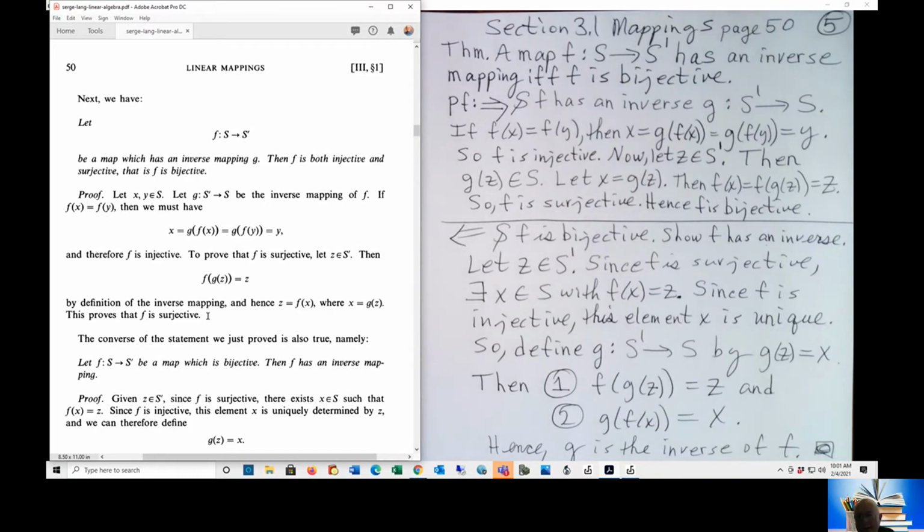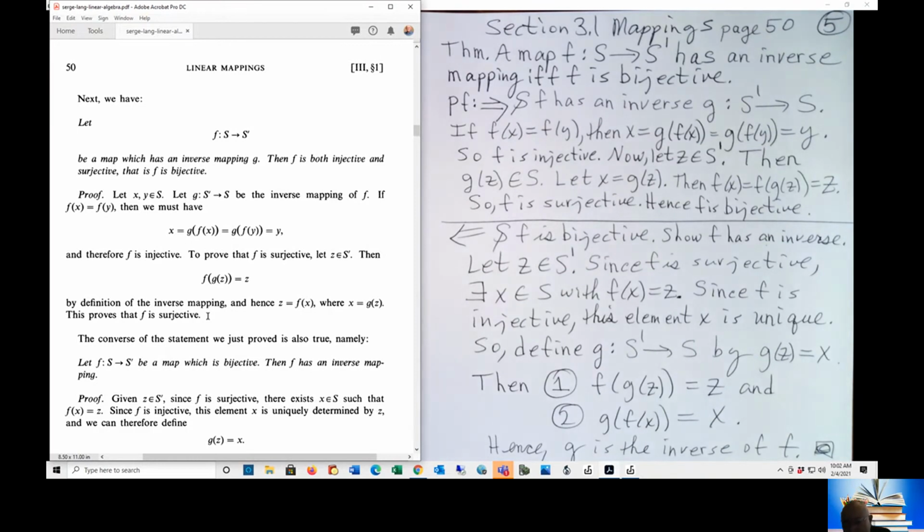G is the inverse of F, so G composed with F of an element X or Y is equal to that same element. So X equals G of F of X equals G of F of Y, because F of X equals F of Y. But that is equal to Y, so that immediately proves that F is one-to-one, or injective.